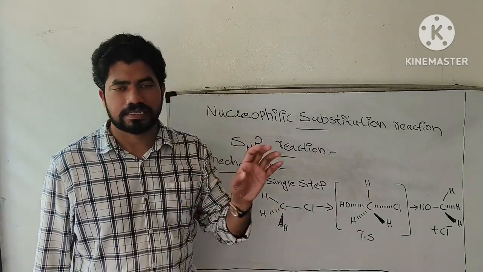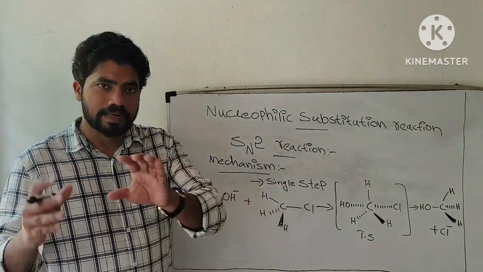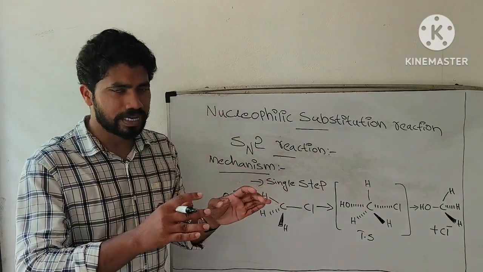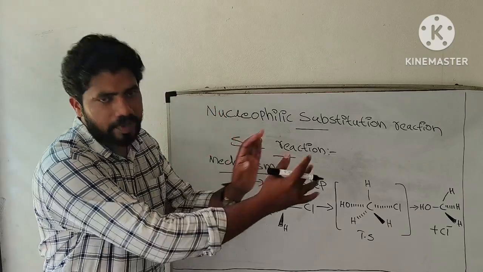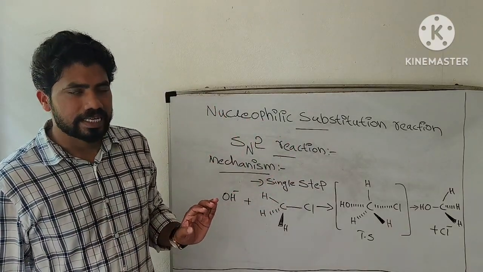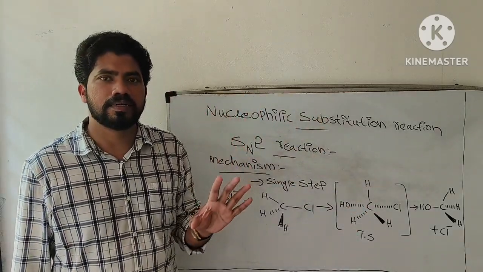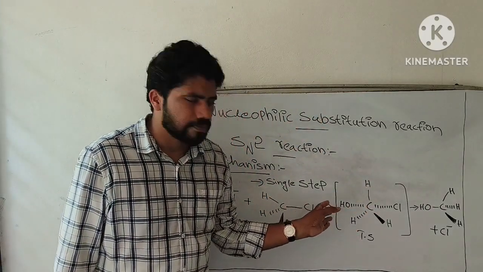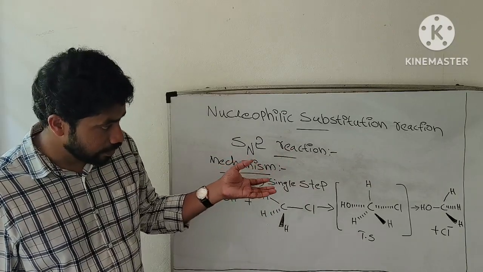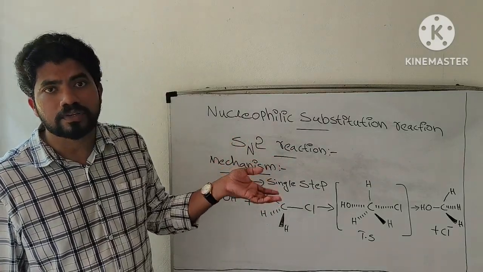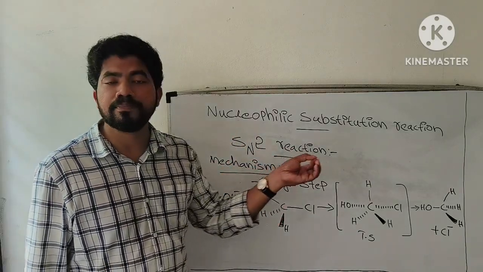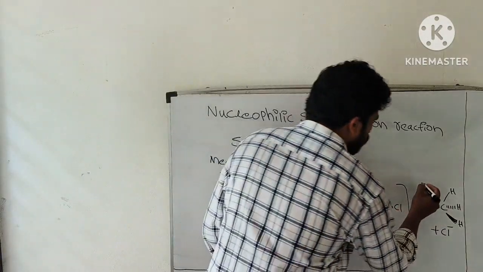And I am repeating, this is a single step process, with simultaneous attacking of the nucleophile and departure of the leaving group as halide ion. There is a transition state which is unstable and cannot be extracted or isolated, and after its formation, immediately the product methanol is formed.